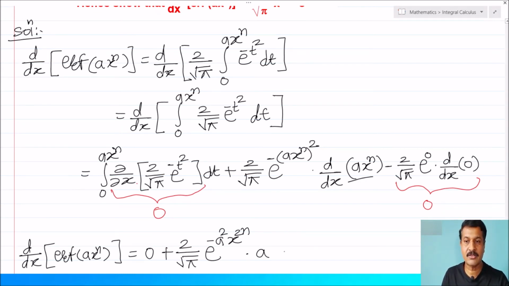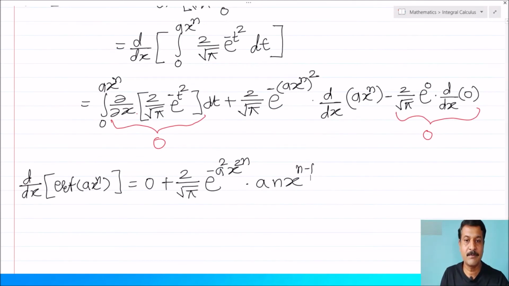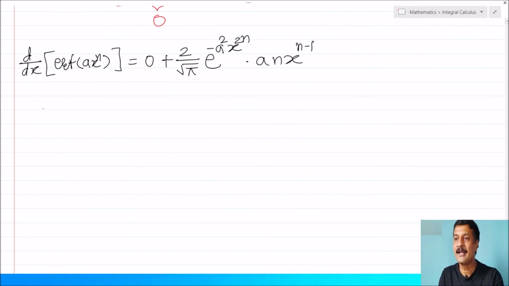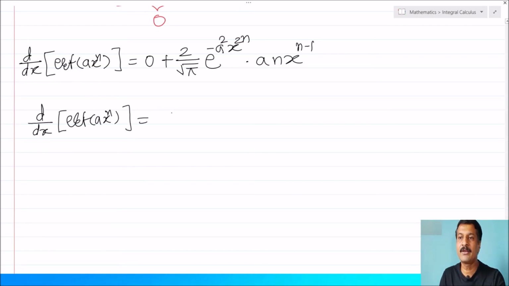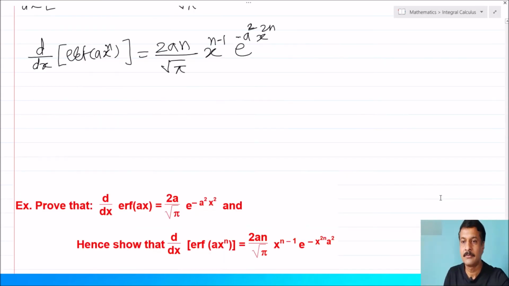Here a is a constant and the derivative of x^n is n x^(n-1). Simplifying, I get d/dx of erf(ax^n) equals 2an upon root pi into x^(n-1) into e^(-a^2 x^(2n)).